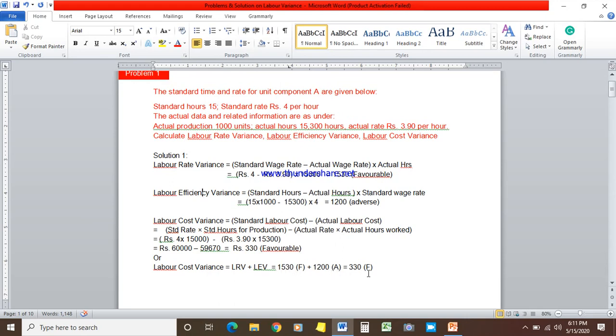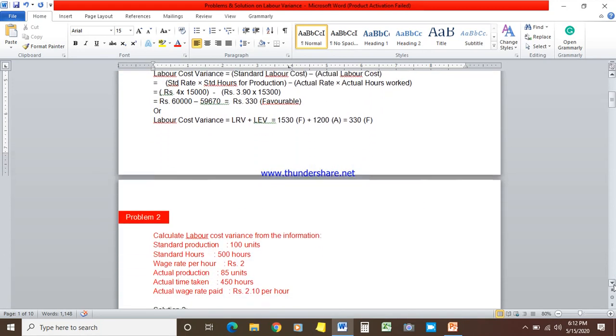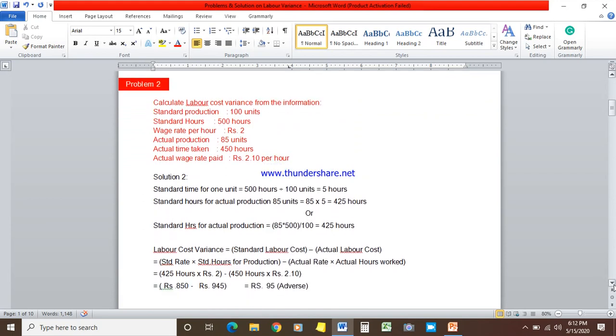The net effect gives the labor cost variance as 330 favorable, which means that whatever standard was kept for a particular task, when the actual task was performed, it finally resulted in a better outcome. So in this problem we understood what labor rate variance, labor efficiency variance and labor cost variance are. Let's move on to the second one.